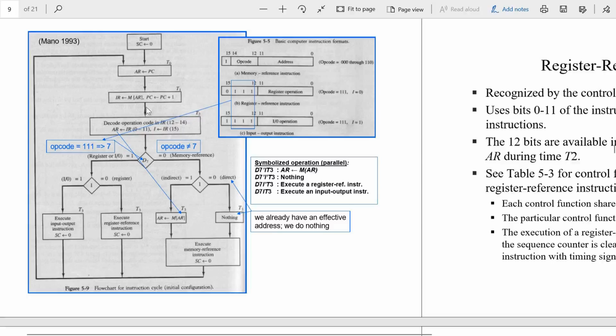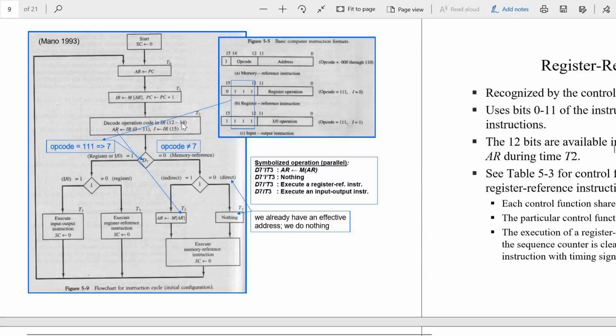Coming to the T2 cycle, the complete instruction register is 16 bits long, and its individual binary fields are decoded like this. Instruction register bits 0 to 11, the 12-bit address field, are stored into the address register.